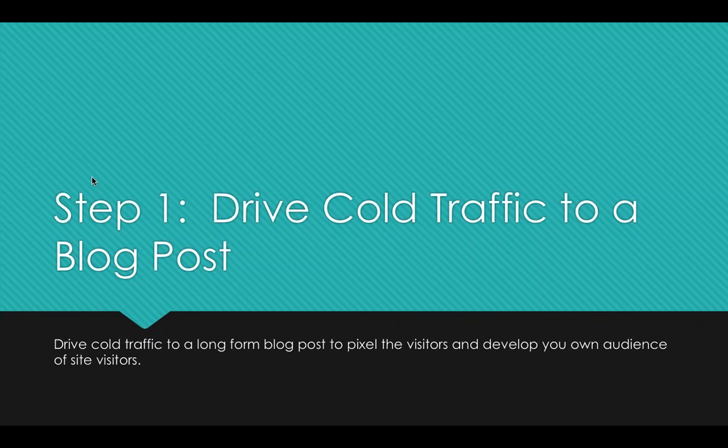So what this allows us to do is put a pixel in your blog post, for example, or on a page, so that if they visit that blog post, we know that that person's a visitor, and we start building our own audience using Facebook of visitors that we can retarget. So you've probably heard of retargeting. This is how it works: we're tracking visitors to a website using these pixels.